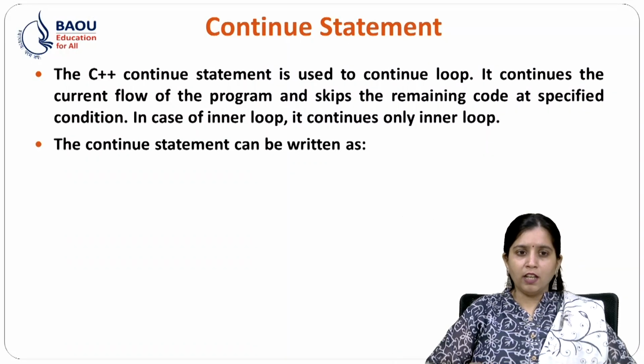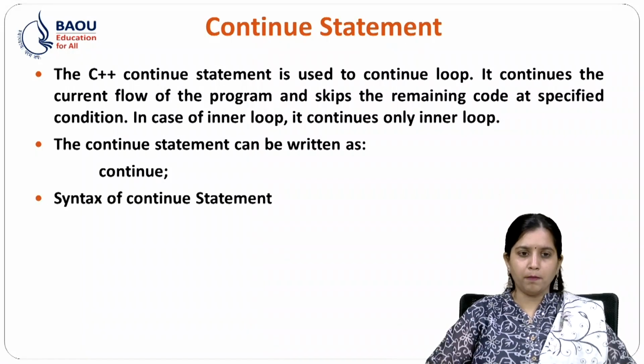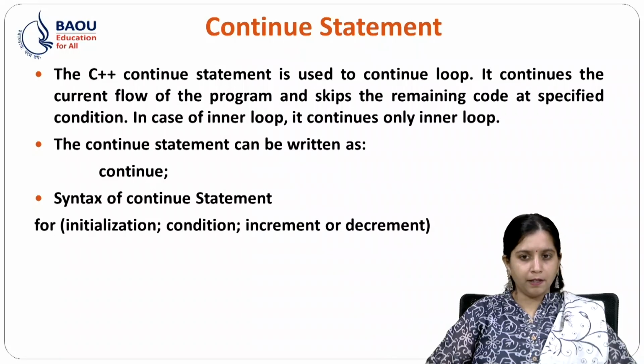So the continue statement can be written as the continue keyword and then a semicolon. Let's see the syntax of the continue statement. Like the break statement, we will use a for loop, and after the for loop we have some statements inside it.